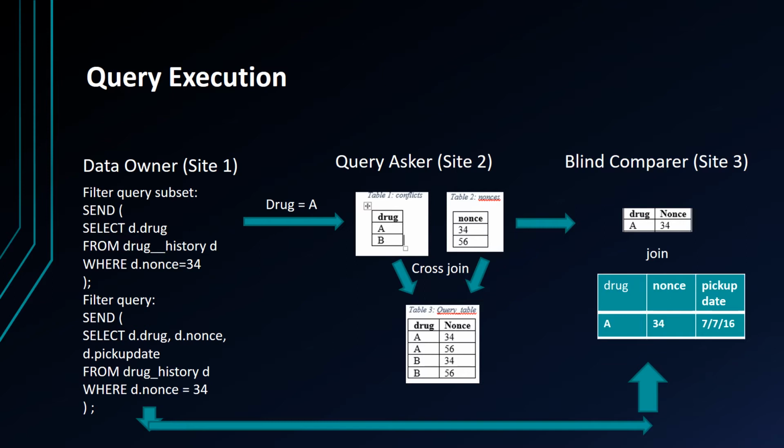In this way, finally the join is performed between the query table and the record which is sent from the data owner to the blind comparer, and we only retrieve the pickup date and send it back to the query asker.